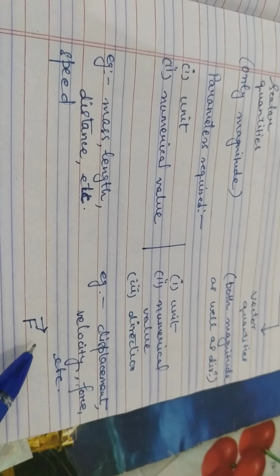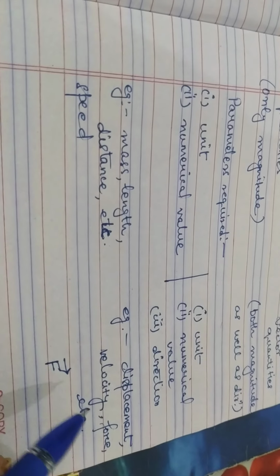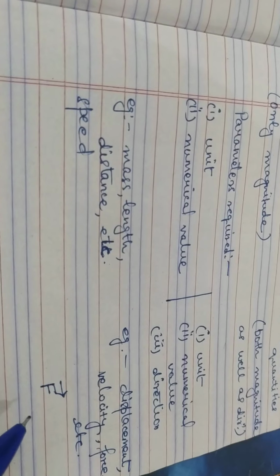One more thing that you need to know: vector quantities are expressed in a special way, whatever alphabet we use for expressing a particular quantity. For example, to express force, we use capital F. Because it is a vector quantity, we put an arrow over it.